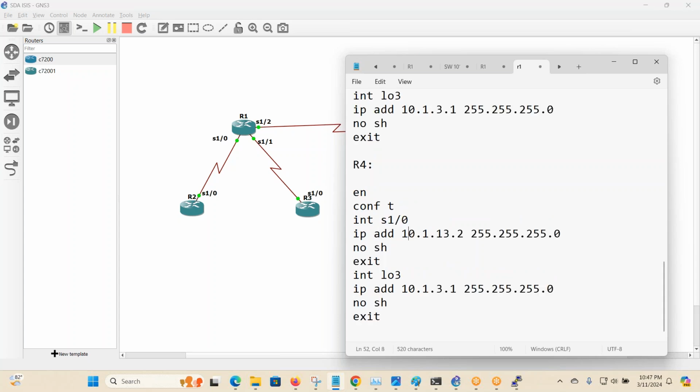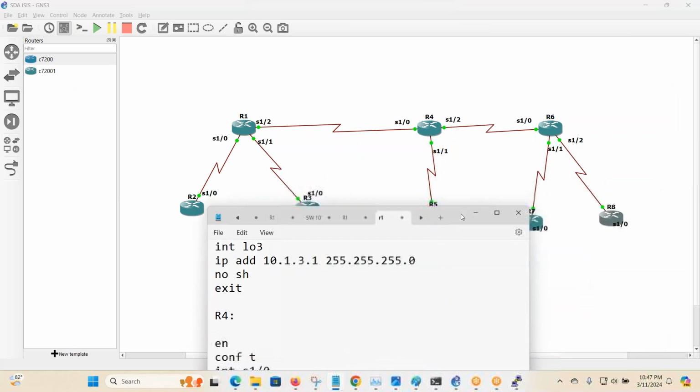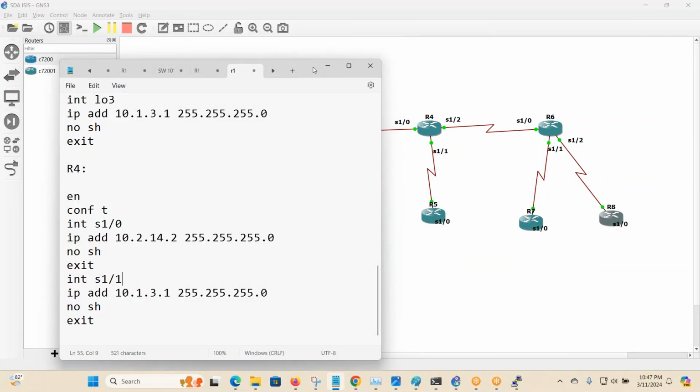On R4 we have serial 1 by 0, which is 10.2.14.2. Then we don't have loopback, so we'll have serial 1 by 1. So it is between router 4 and 5. So we'll make it 10.2.45.1.